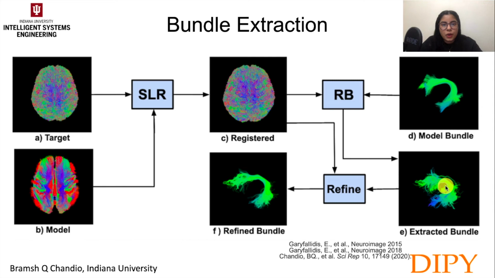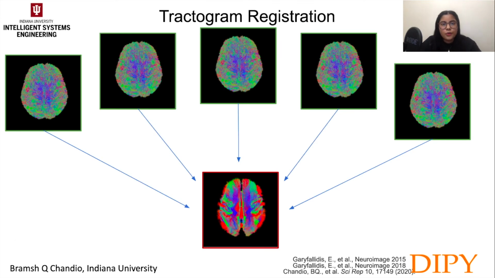This is an overview of how bundle extraction happens in BUAN. We will look at this closely. First, we want to register all of the input tractograms from different subjects to a common space. Because data comes from different scanners and each subject has different coordinates, each subject has its own native space.